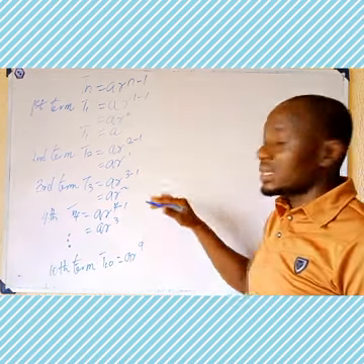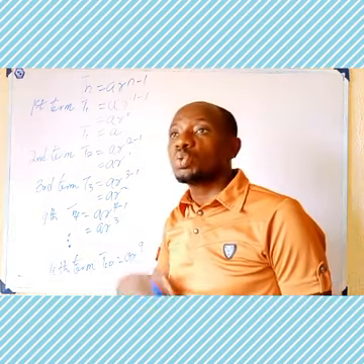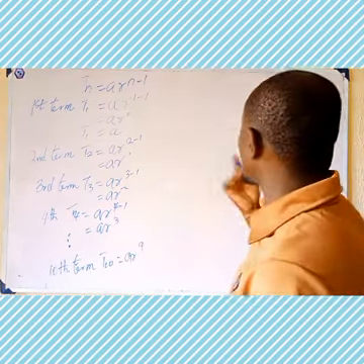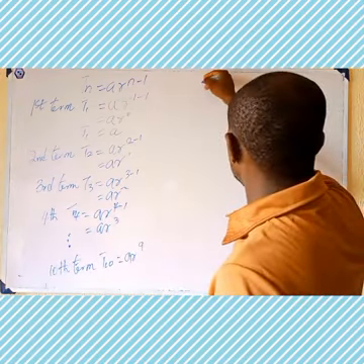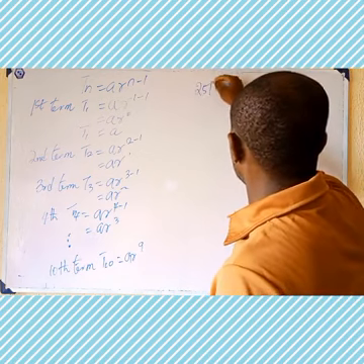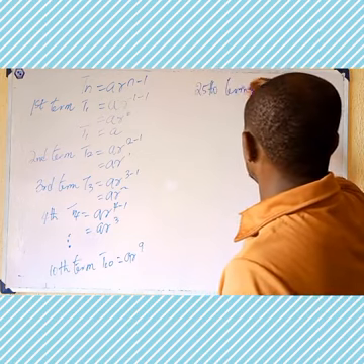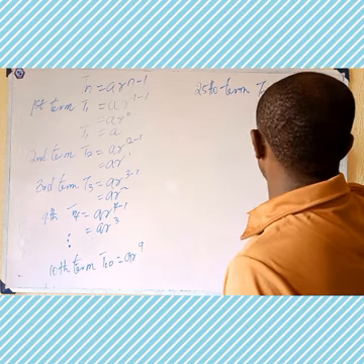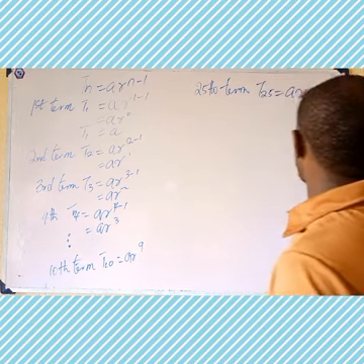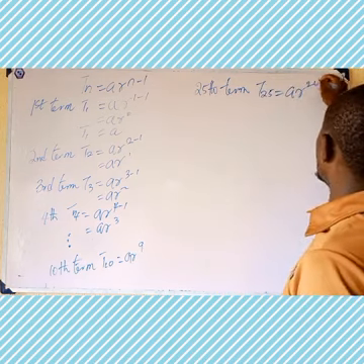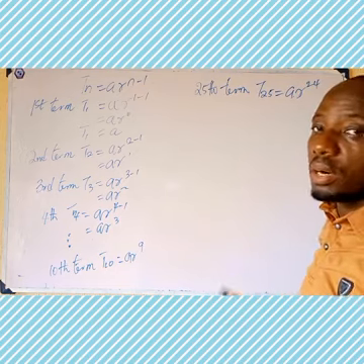So please, you need to understand this so that in case they ask you to find the 25th term, without even solving the problem, you can easily say that T25, the 25th term, is equal to ar raised to the power what? 24. ar raised to the power 24.